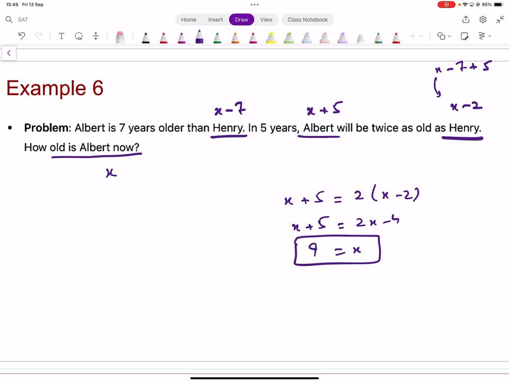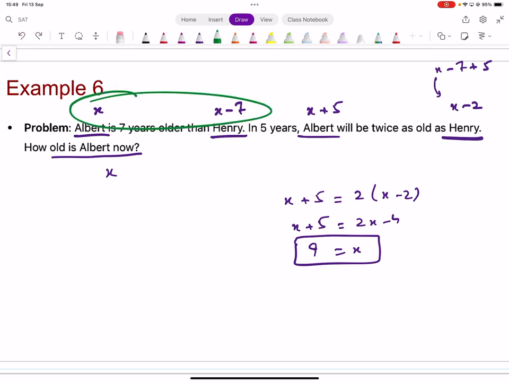Let me repeat. We start from what we want to find at the end. Albert's age right now. Albert's current age. We have to find that. We call that number X. Okay? If Albert's age right now is X, what about Henry's age? That's X minus 7. What happens after 5 years?